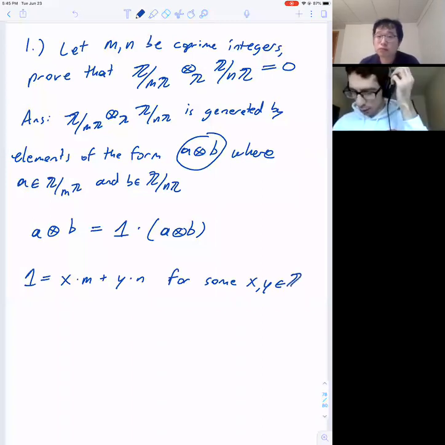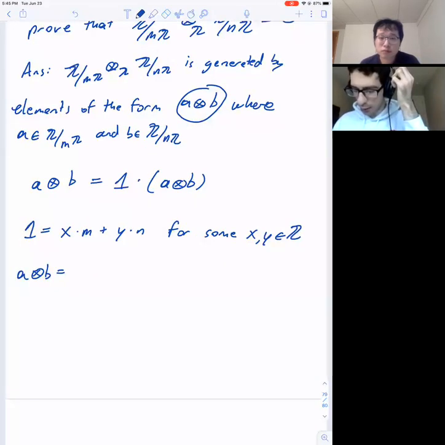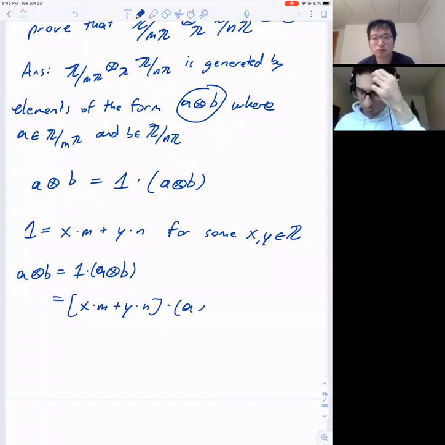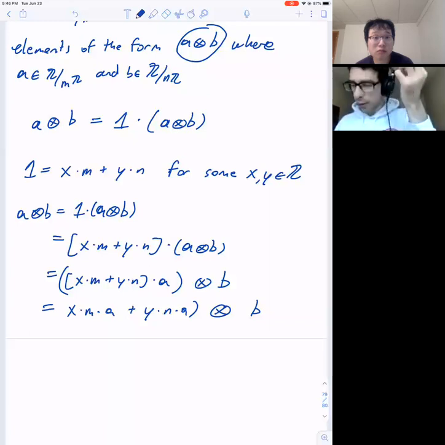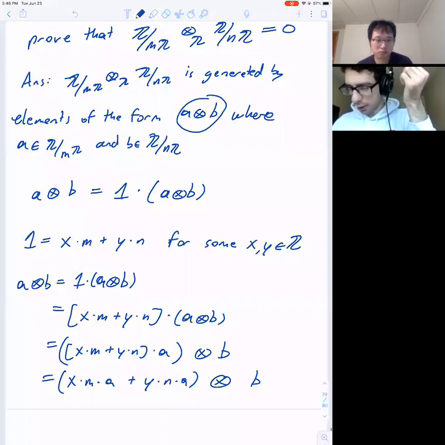So instead of saying A tensor B, that's the same as 1 times A tensor B. That's the same thing as, like what I said, (X times M plus Y times N) times A tensor B. And so by the construction of the tensor product, this is actually equal to (X times M plus Y times N) times A tensor B. So this is equal to, let's say, (X times M times A plus Y times N times A) tensor B. So remember that this A is in Z mod MZ.